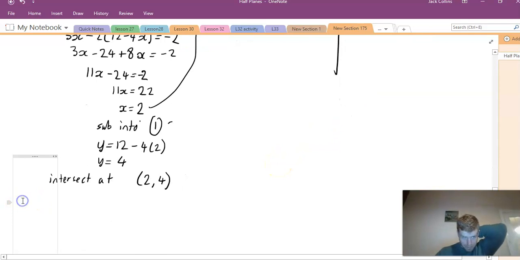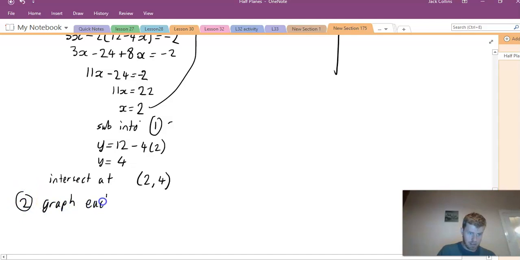We've got our point of intersection. Step 2 now is just graph each equation. So we have two equations here. We have 4x plus y equal to or less than 12. Once again, we'll just treat it as an equation rather than an inequality here to find the x and y intercepts. So x-intercept, y equals 0.